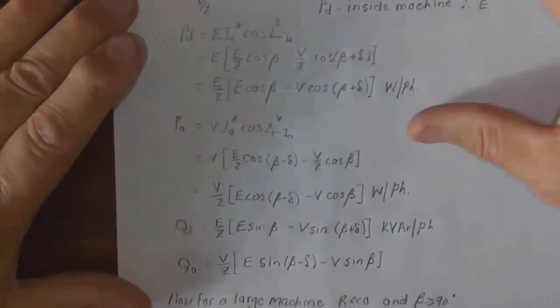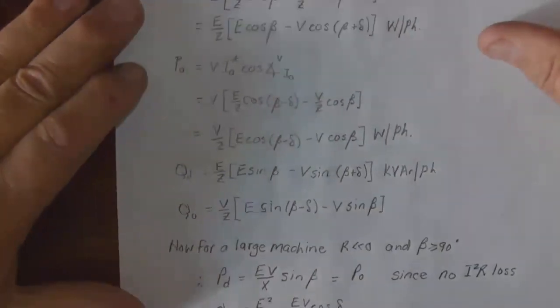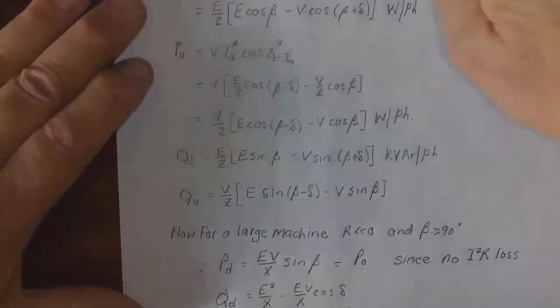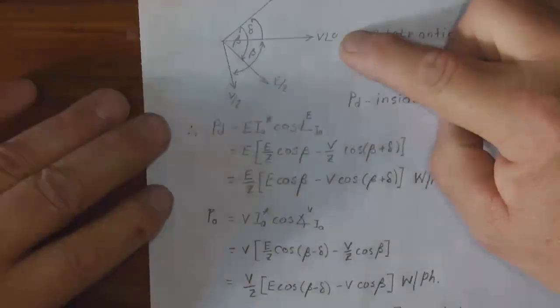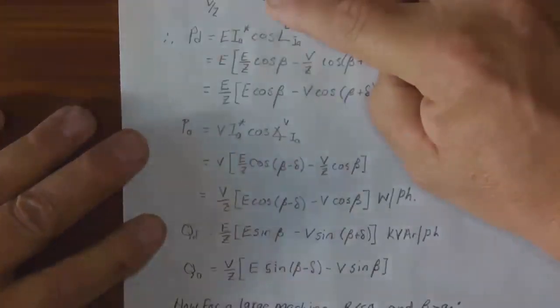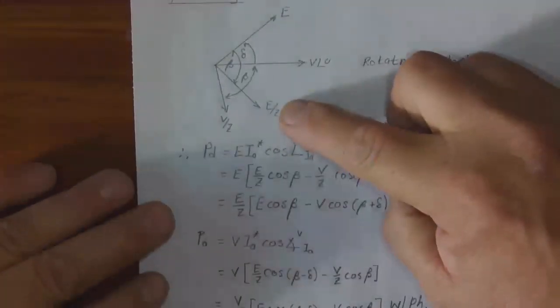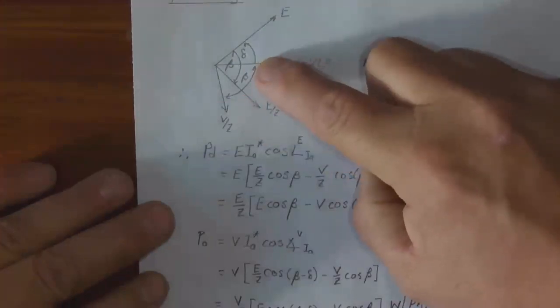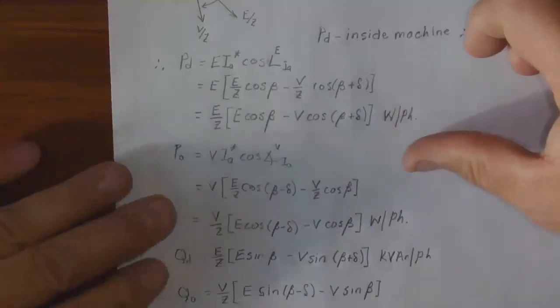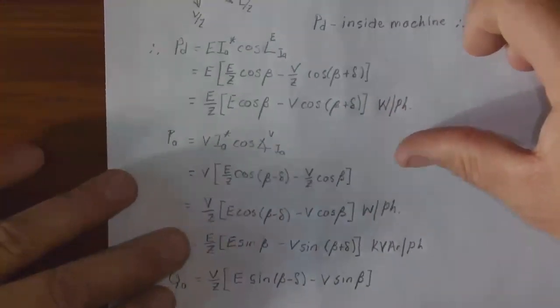The output power is V times IA cos of the angle between V and IA. Again, now we take V as a reference and rotate anticlockwise. The first one that we get is E over Z, and the angle there is beta minus delta, and V cos beta.